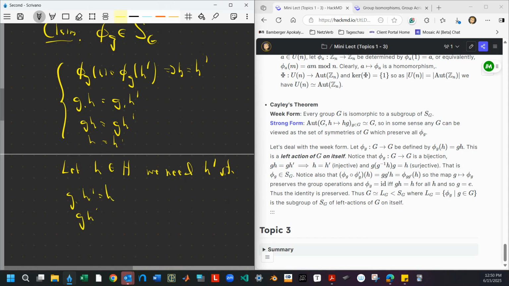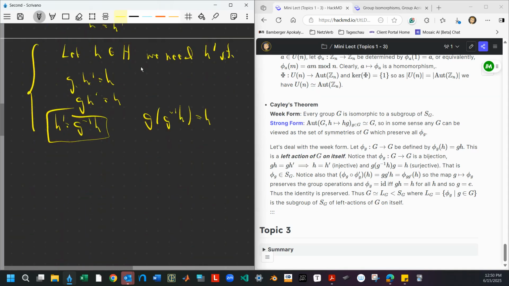Well, this is just gh prime should be h, and it's pretty clear that taking h prime equal to g inverse h will work, right? If I just take that, then I get that g of g inverse h is equal to h, right? So it is onto. So each phi g is in S_G. So phi g is in S_G, okay?